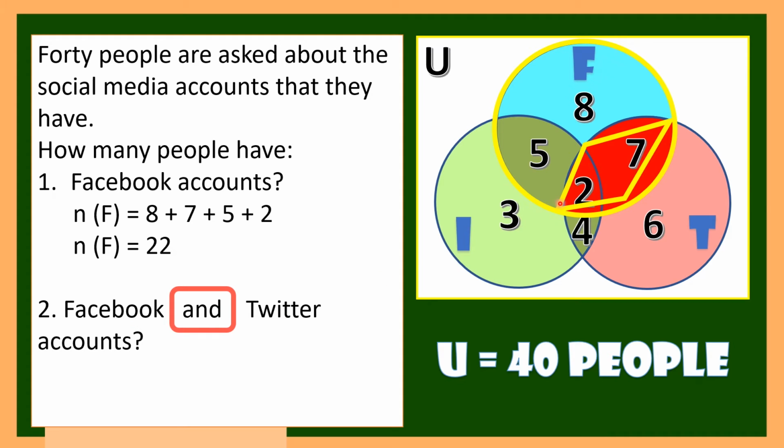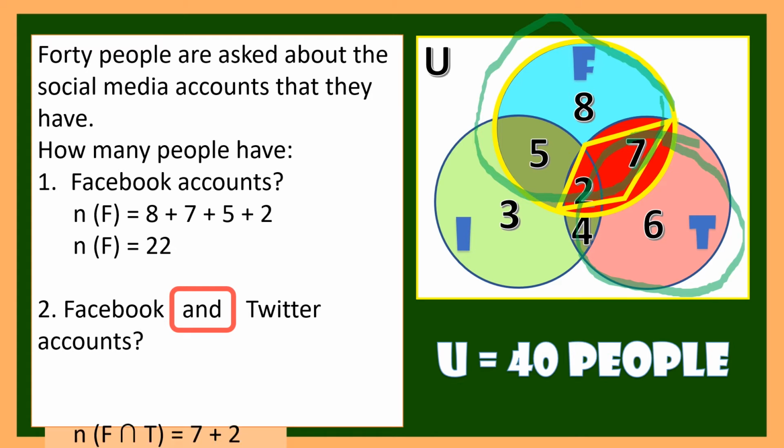As you can notice, I highlighted this, which looks like a diamond, representing the intersection of Facebook. This is our set for Facebook, and at the same time, this is our circle for Twitter. So, we'll take the intersection. It's clear that the intersection of Facebook and Twitter is 7 and 2.